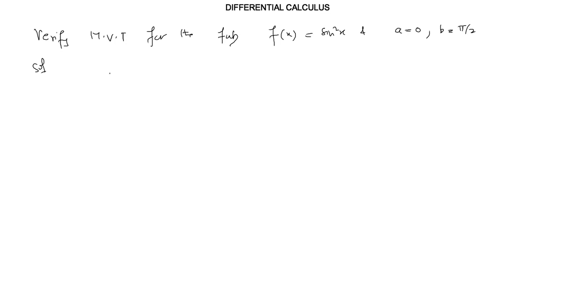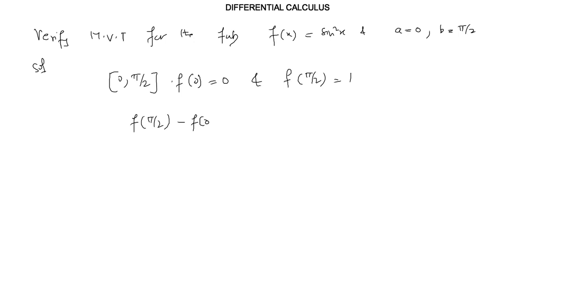Now f of x is continuous and differentiable over the interval (0, pi by 2), and f of 0 is 0, and f of pi by 2 is equal to 1.